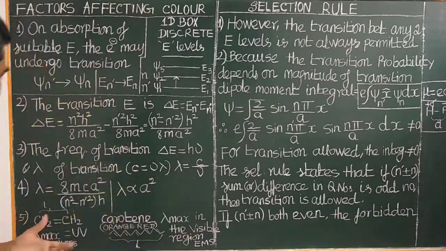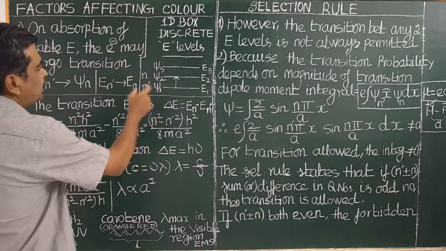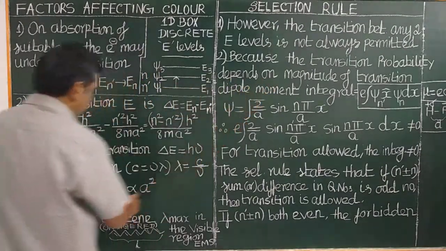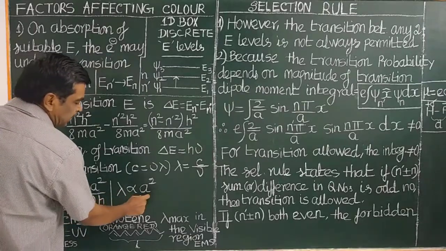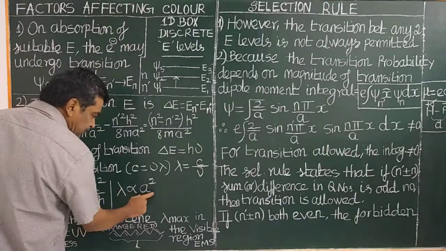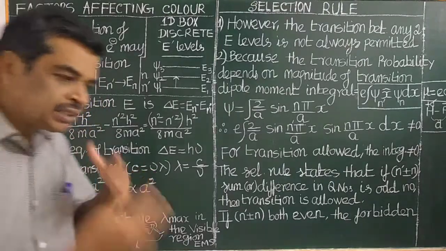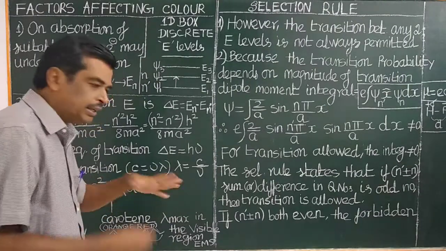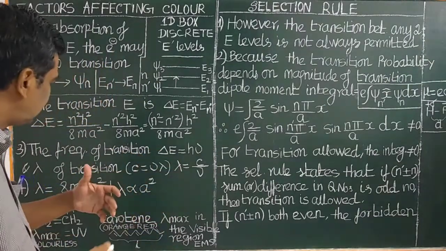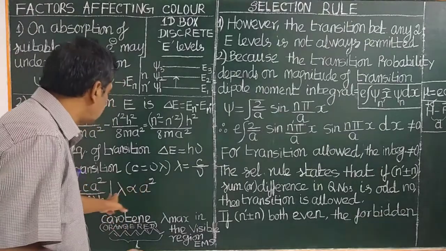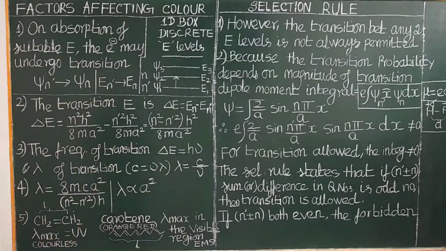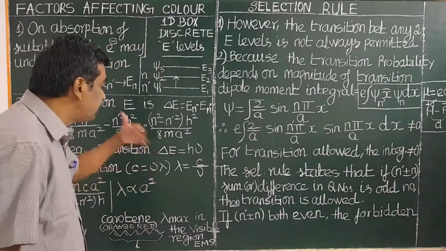If you increase the length of the box, the wavelength increases. By suitable adjustment of the length of the box, the wavelength of observed light can be in the visible region. So it will become colored.